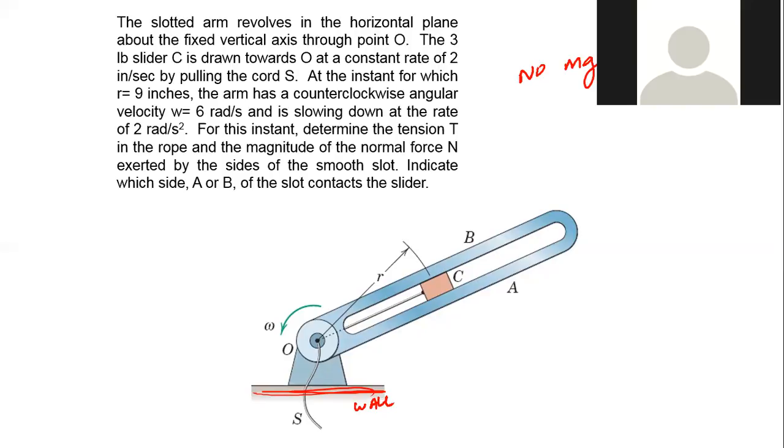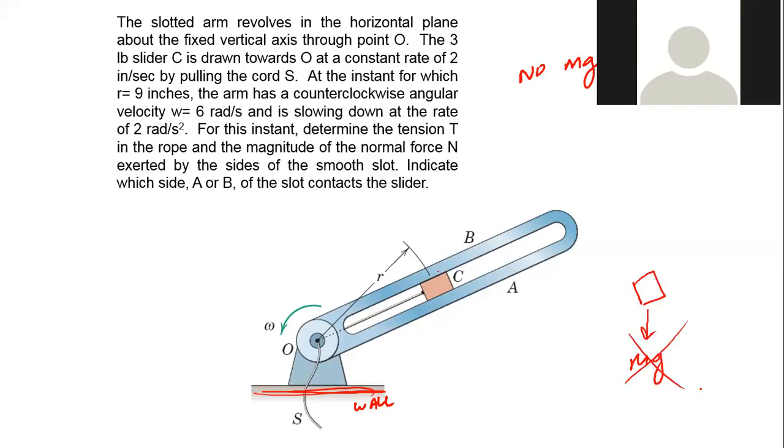Sorry, could you explain how there's no weight, so like no mg? Well, you're just not going to have to worry about the mg here, because it's acting in and out of the page. This is in some sort of slot, so if you draw your FBD right here, you're not going to draw an mg.